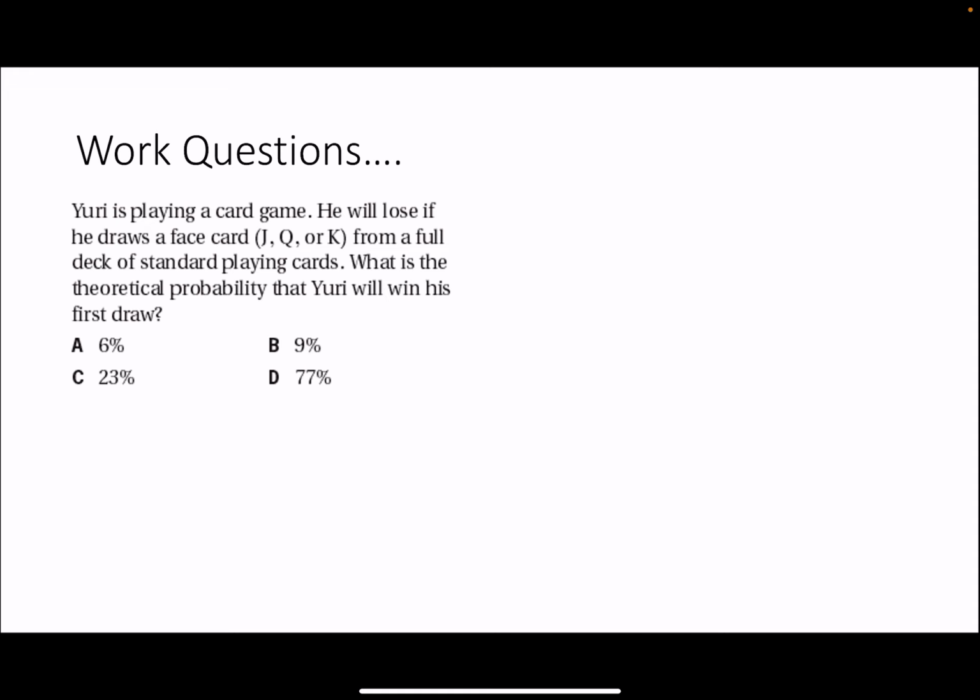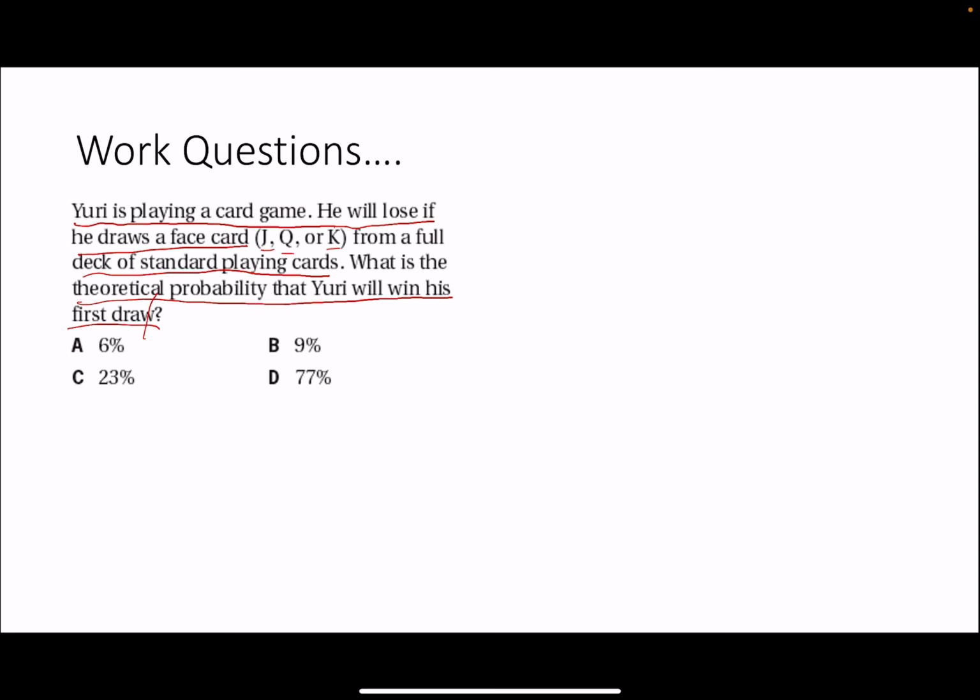Okay, Yuri is playing a card game. He will lose if he draws a face card, Jack, Queen, or King, from a full deck of standard playing cards. What is the theoretical probability that Yuri will win his first draw?